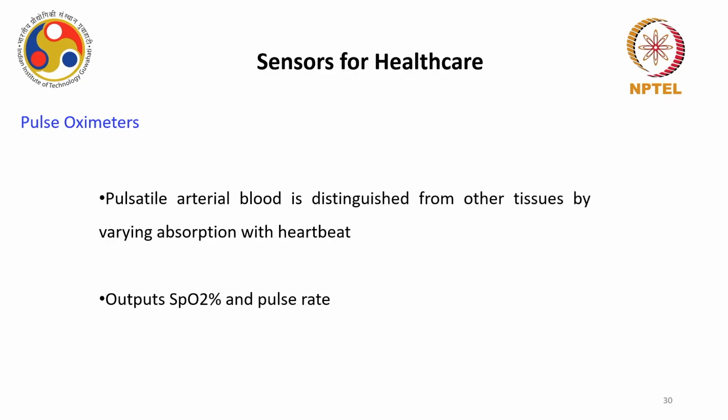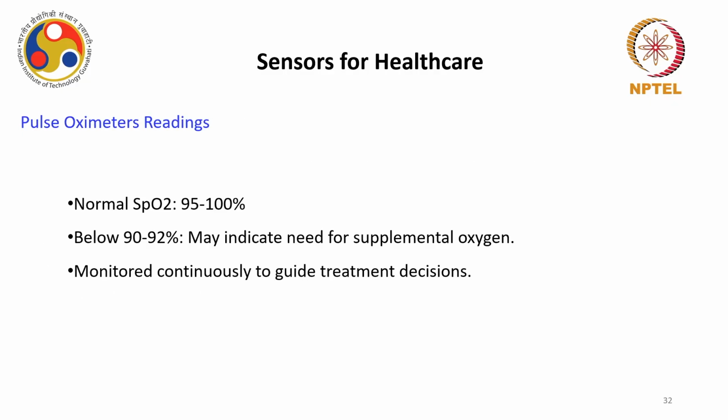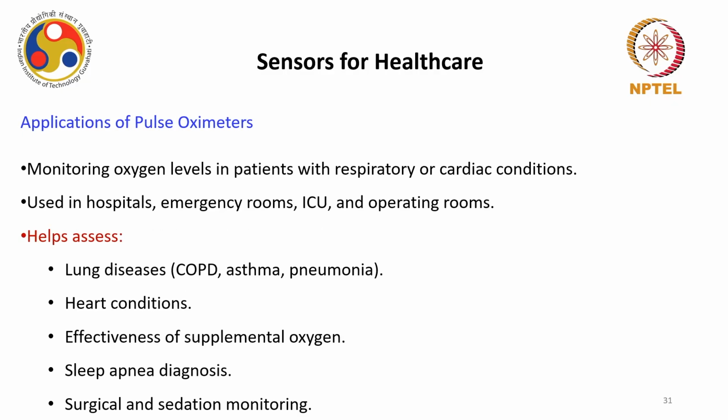Okay, so the output of these pulse oximeters is mostly in the form of SpO2 percent and the pulse rate. Okay, and if you see the application of these pulse oximeters, although they are very cost effective and small non-invasive devices, they are very useful in monitoring oxygen levels in patients with respiratory or cardiac conditions.